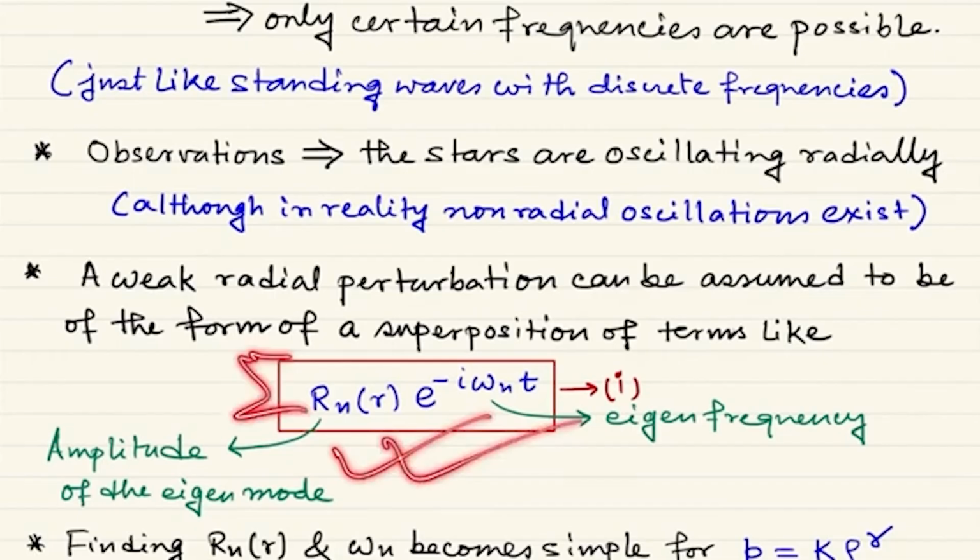There will be a summation over n of R_n, which is the amplitude of the perturbation, a function of small r only, that means the radial distance from the center of the star, times e to the power minus i omega_n t. So we are again giving a plane wave type of trial solution. This is nothing but decomposing the whole problem in terms of its eigenfrequencies. Once again, remember that the system oscillates only with certain discrete frequencies, and those frequencies are called the eigenfrequencies.